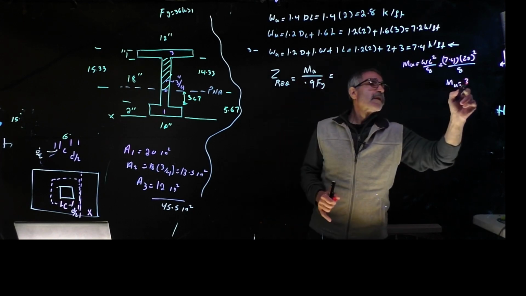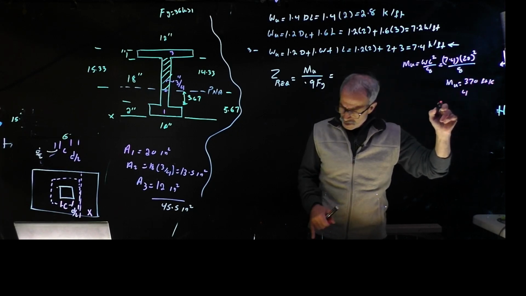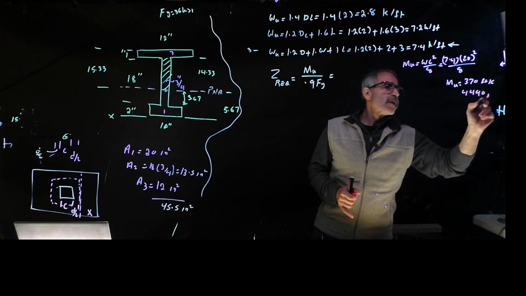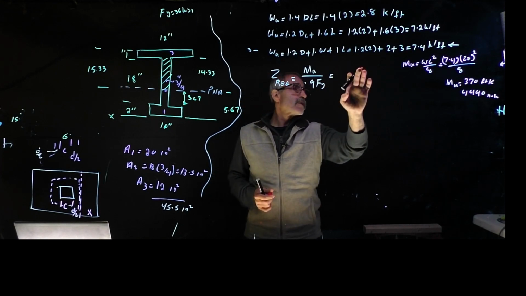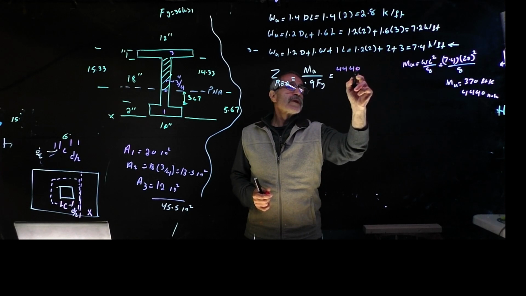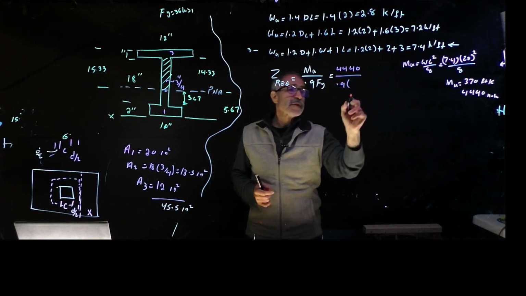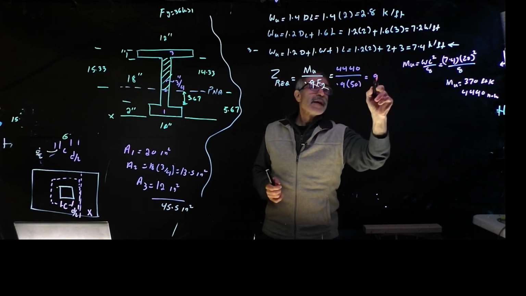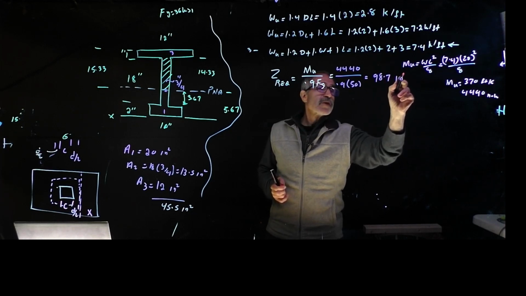370 foot-kip, or 4440 inch-kip. Mu is 4440 divided by 0.9 times Fy, which they said for this one was 50, and that is equal to 98.7 inch cubed.